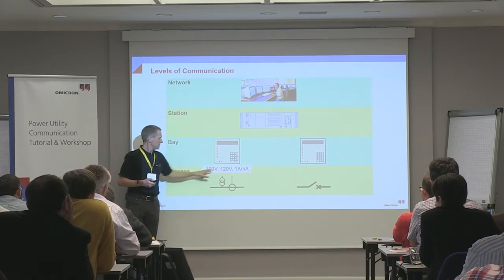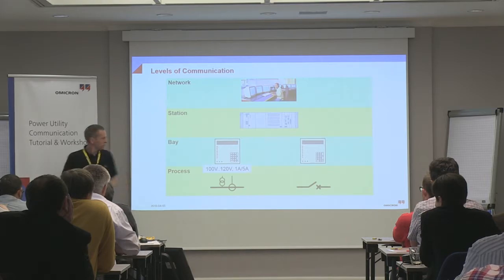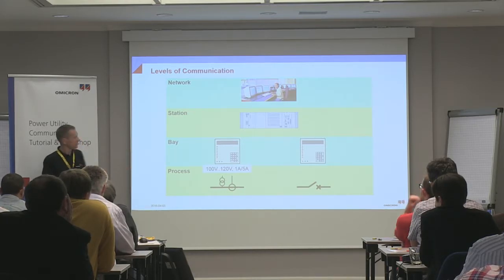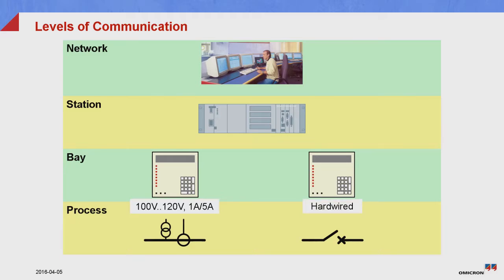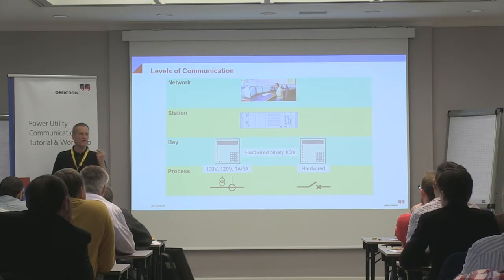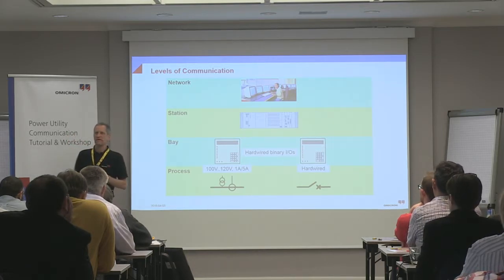There were some variations in the nominal voltage and two major nominal current values, but this was pretty well defined and very interoperable. For the binary status exchange, we had hardwired interfaces to the switchgear, for instance, and we also had hardwired binary IOs between the field devices on the same level. So literally for every bit of information we had a wire loop.